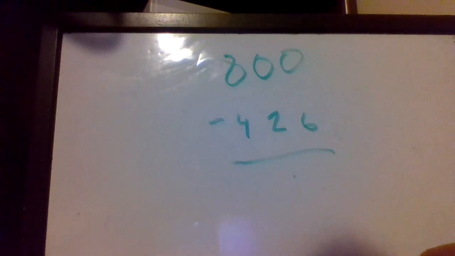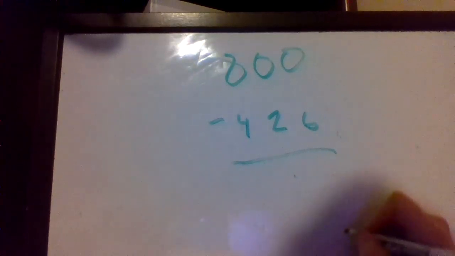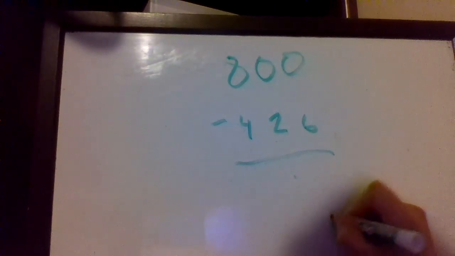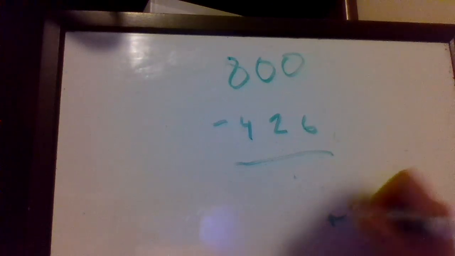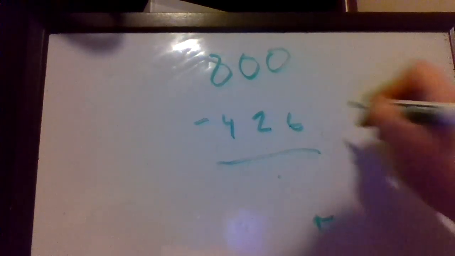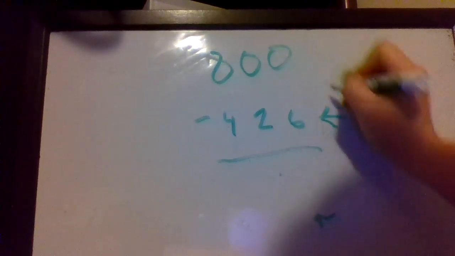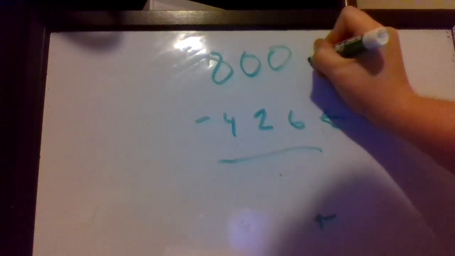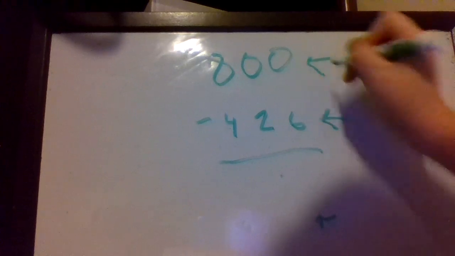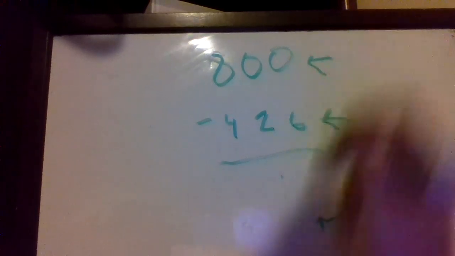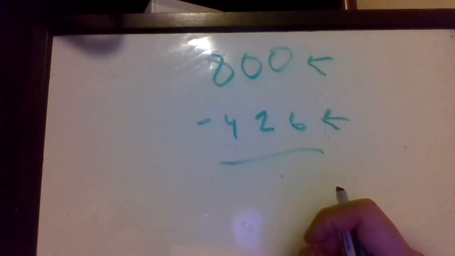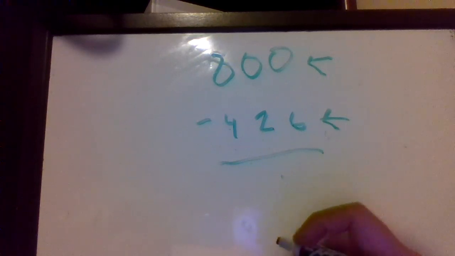Okay, same process. We're going to start on this side, always. We're going to ask ourselves, is the bottom bigger than the top? Is 6 bigger than 0? And the answer there is yes. 6 is bigger than 0.